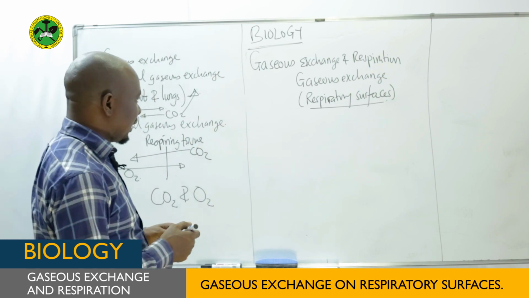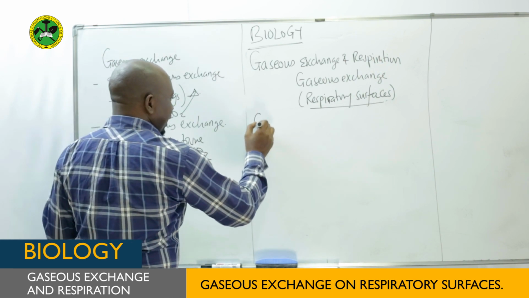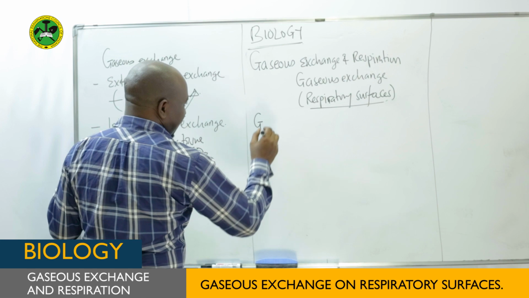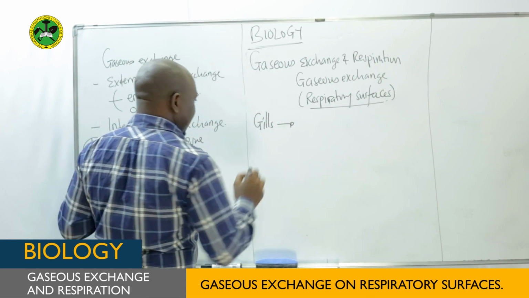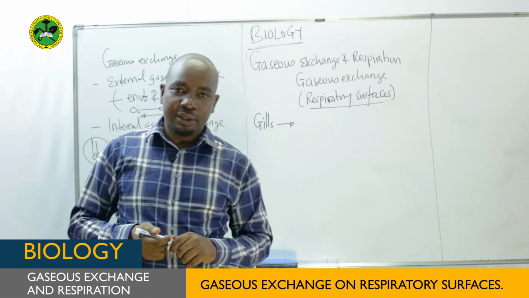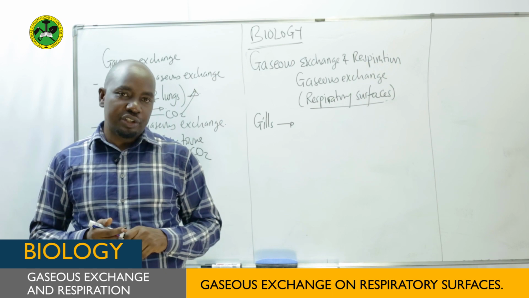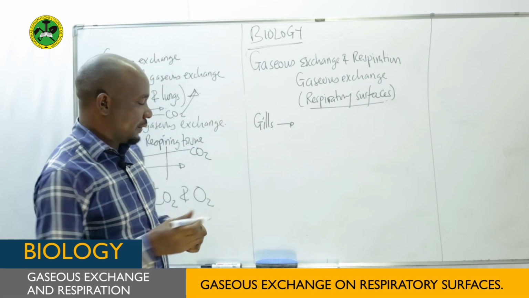Among the major respiratory surfaces, we have the following. We have the gills. The gills are the respiratory surfaces mainly used by aquatic animals, many fishes.